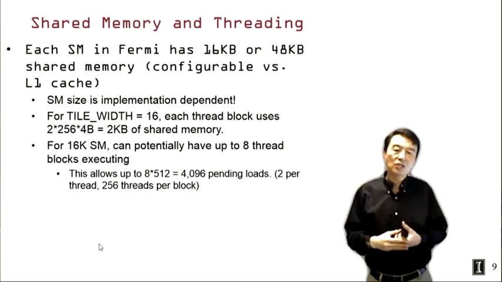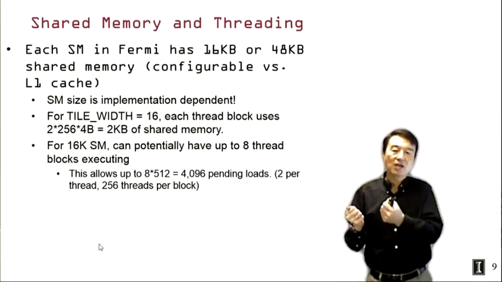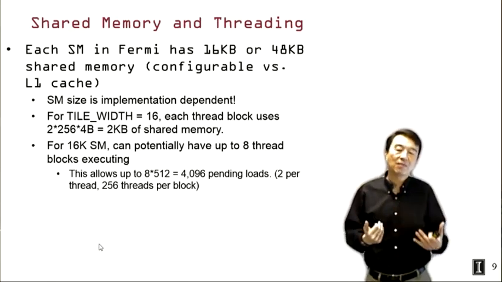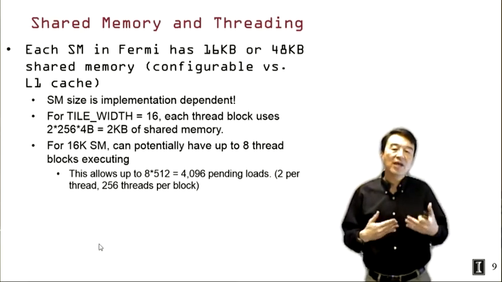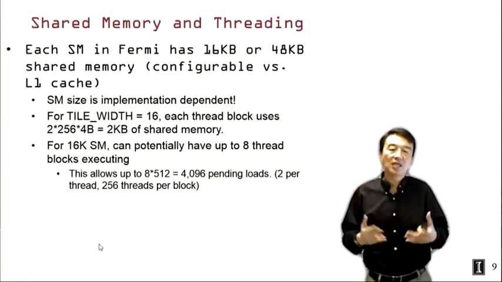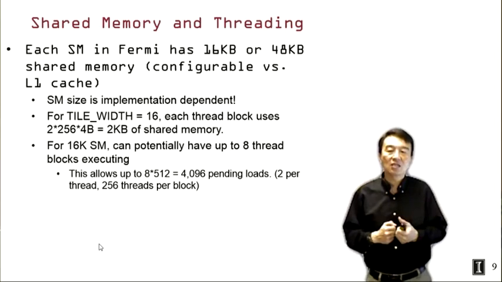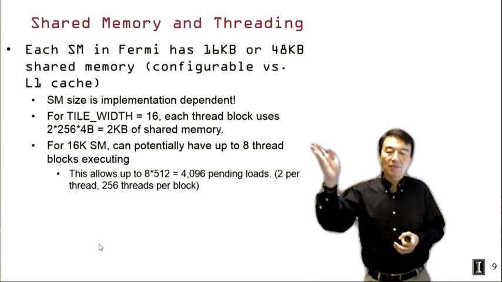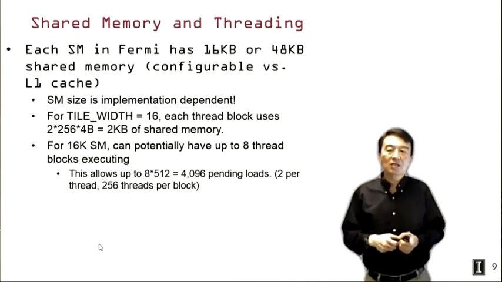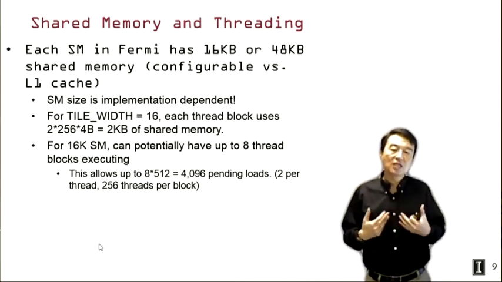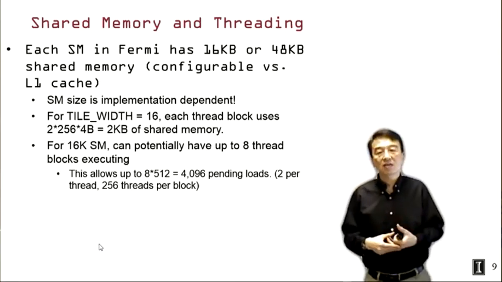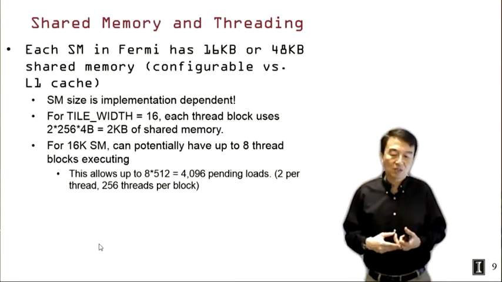So the combinations are 16K bytes of shared memory and 48K bytes of L1 cache, or 48K bytes of shared memory and 16K bytes of L1 cache. Both add up to 64K bytes. There are two ways of dividing this storage between shared memory and L1 cache. So for simplicity, let's assume 16K bytes for some of the calculations, and you can repeat the calculation for 48K bytes as homework.